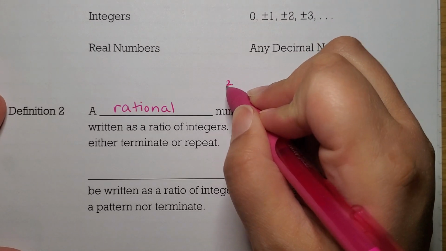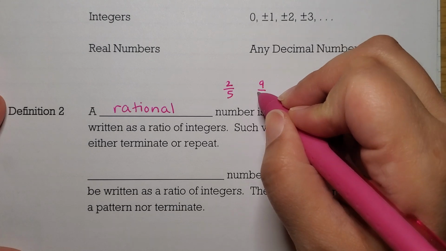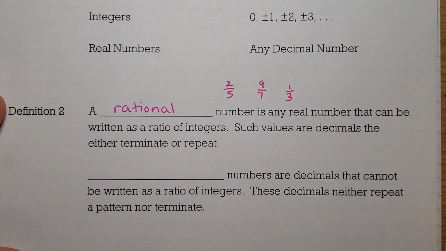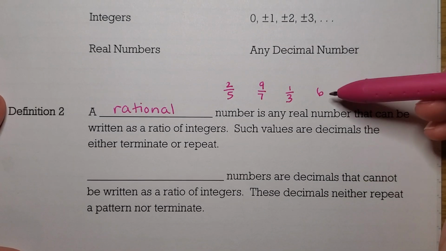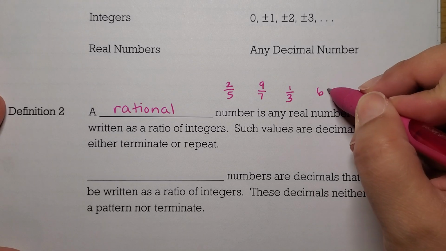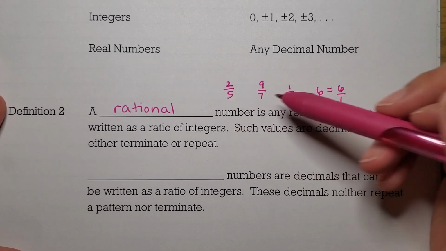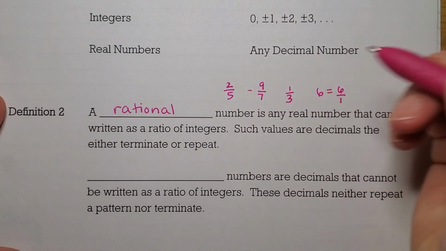So for example, 2/5 or 9/7 or 1/3 or 6. 6 is a rational number because we could write it as 6/1. So any number that can be written in fraction format, where the top and bottom are integers, are going to be rationals. And in fact, any negative versions of these as well.